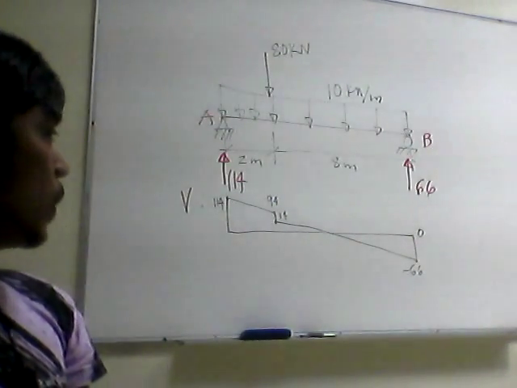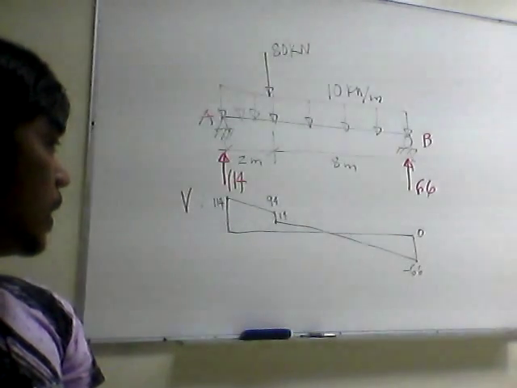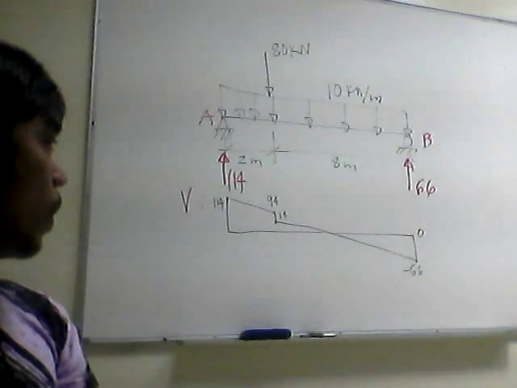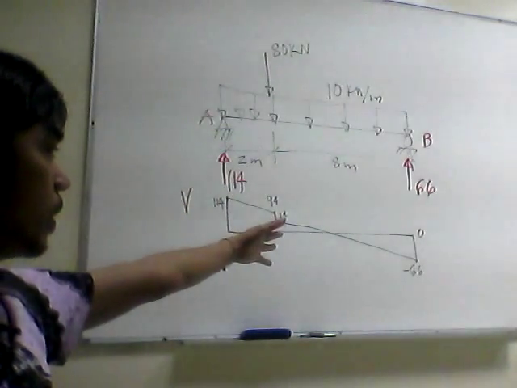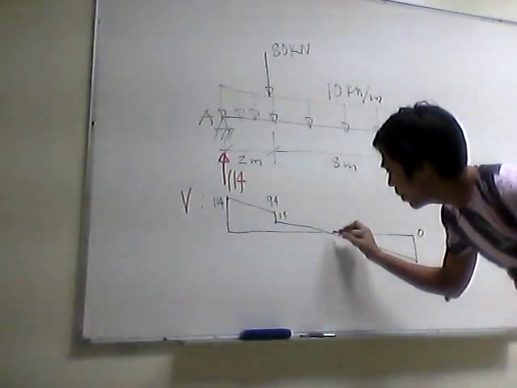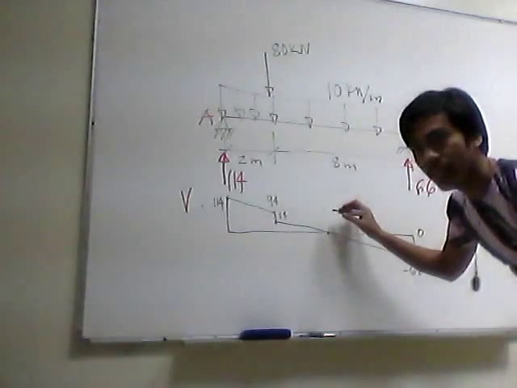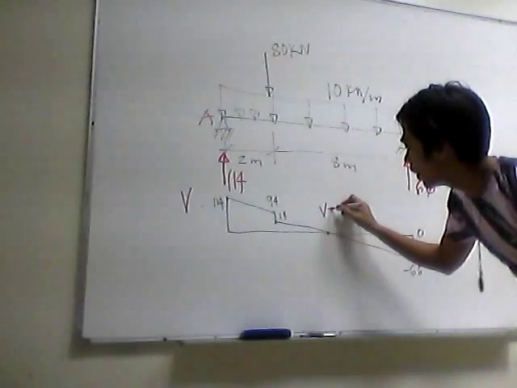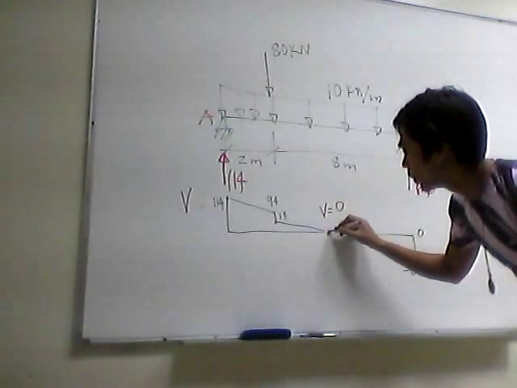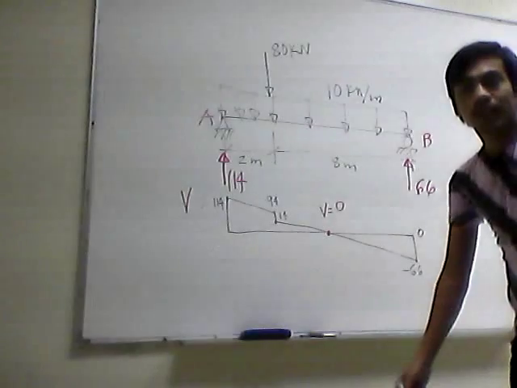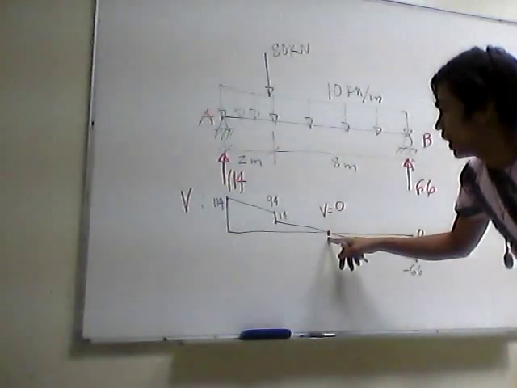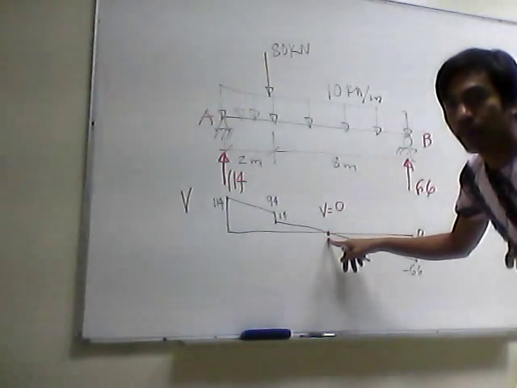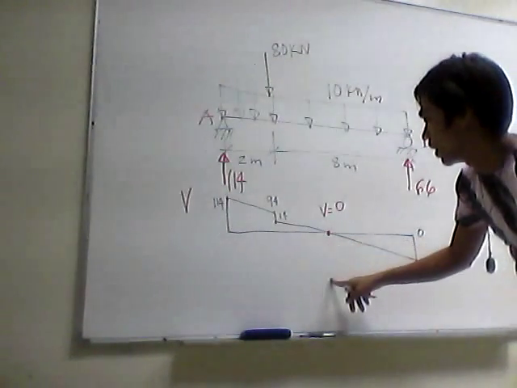Okay, so notice that we have a shear diagram of trapezoid shape and triangular shape, and at a point in the beam we have zero shear. What is important about this point is that at this point, the maximum moment is located.